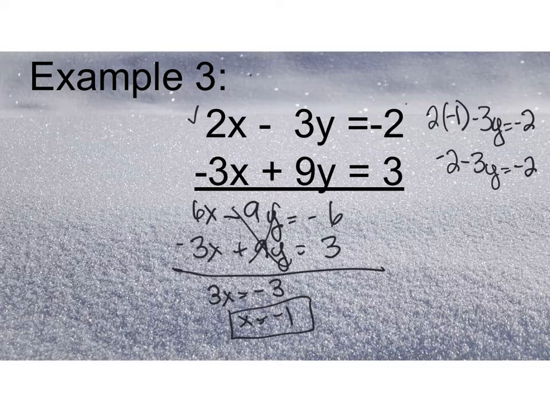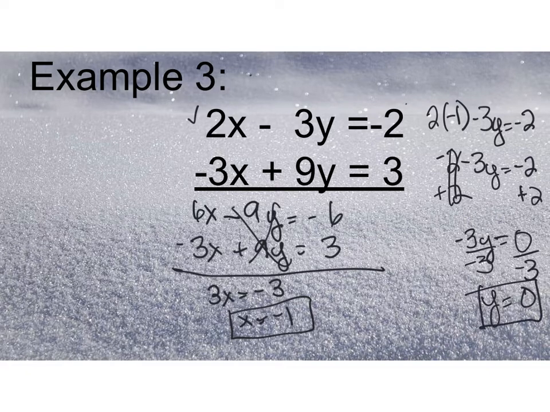As I go, I'm going to scan just to double check to make sure I did all my work correctly. Now I'm going to add 2 to each side. Bring down this negative, because all that cancels out is here. So I leave my negative, bring it down, and then I'm going to add 2 to each side. But when I have a negative 2 plus 2, that's going to equal 0. Remember, 0 divided by negative 3 will equal 0. So my solution answer is negative 1, 0.